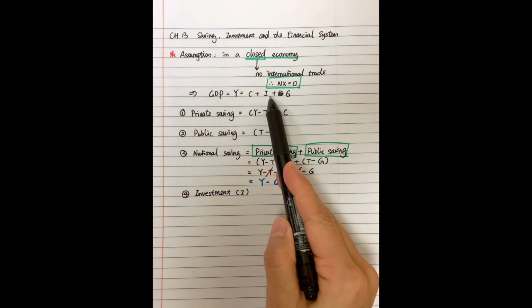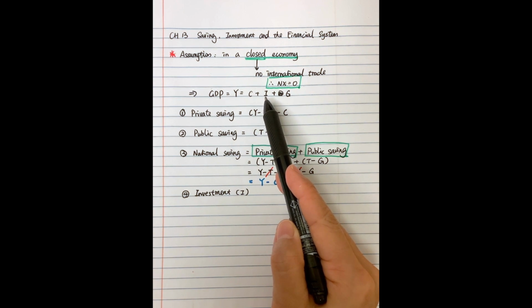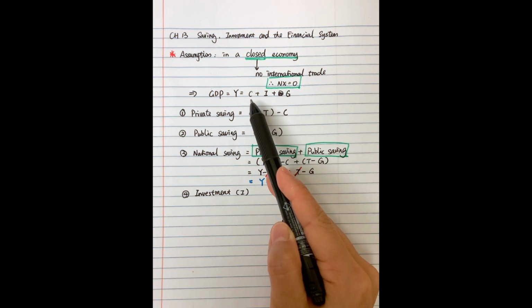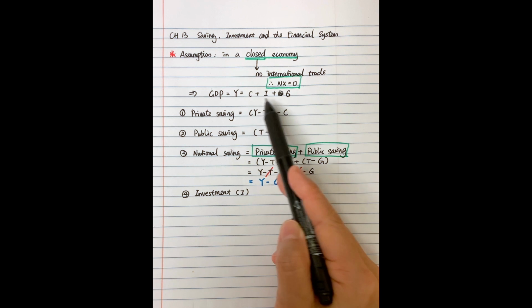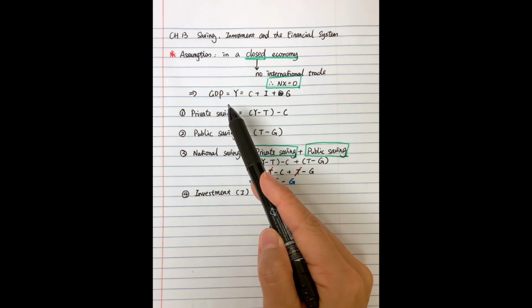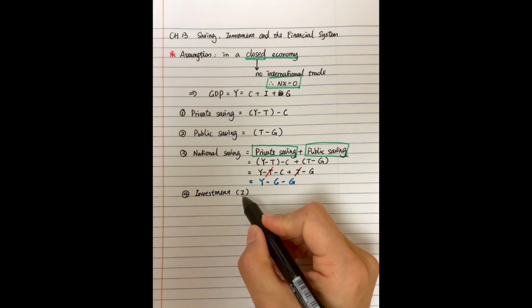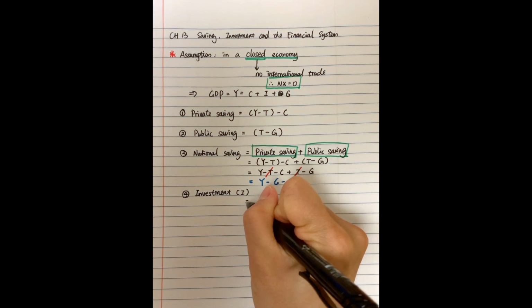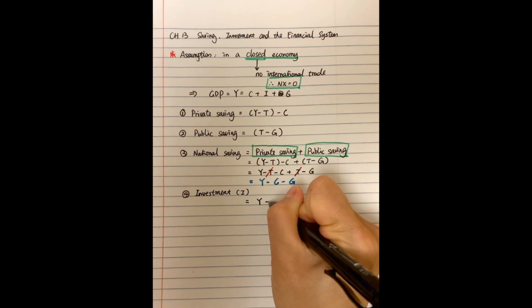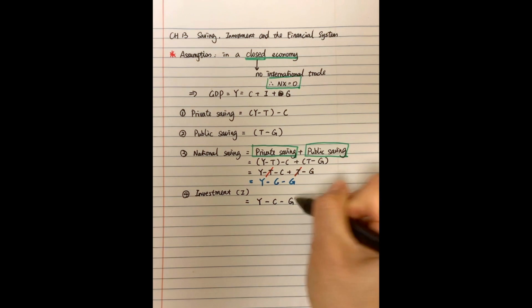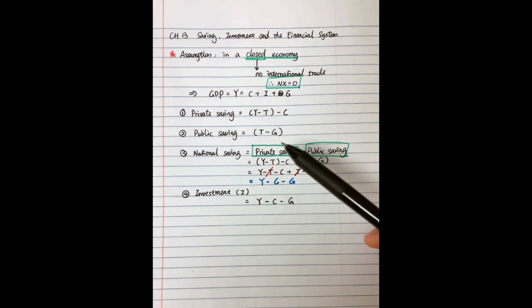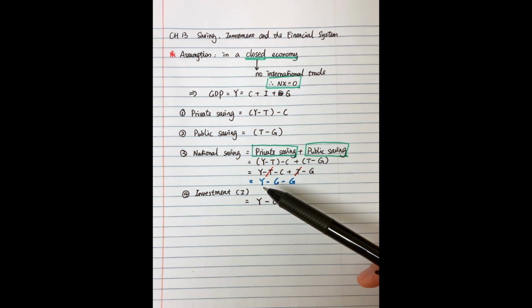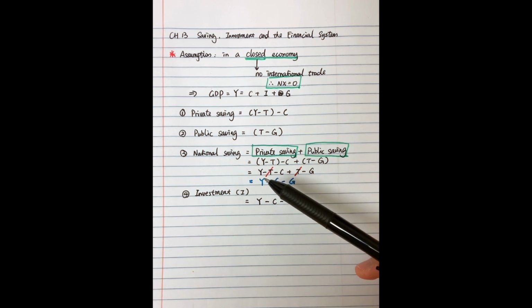We can just keep investment on the right-hand side and move consumption and government spending to the left-hand side. So we can have investment equal to Y minus C minus G, right? So you can notice now the national saving is equal to the GDP subtract consumption, subtract government spending.